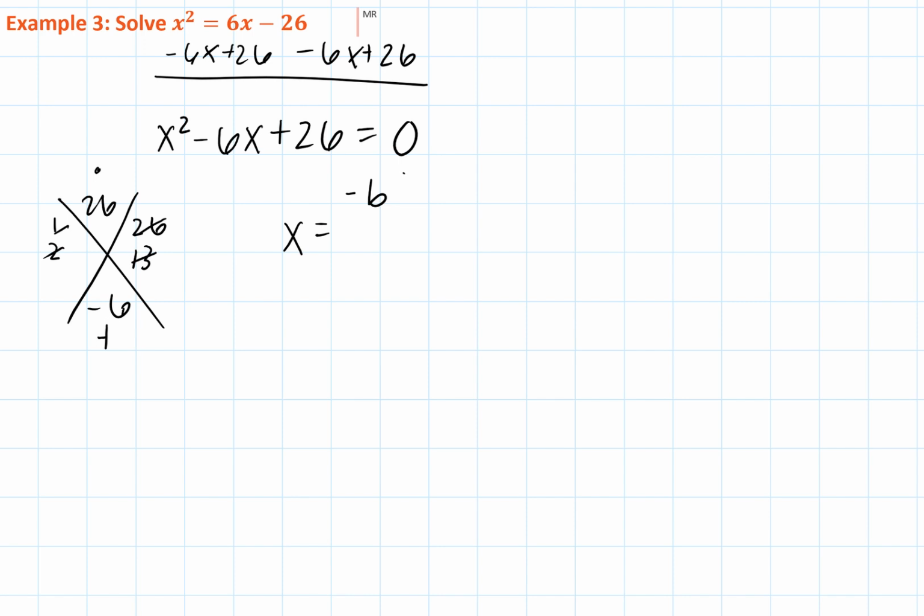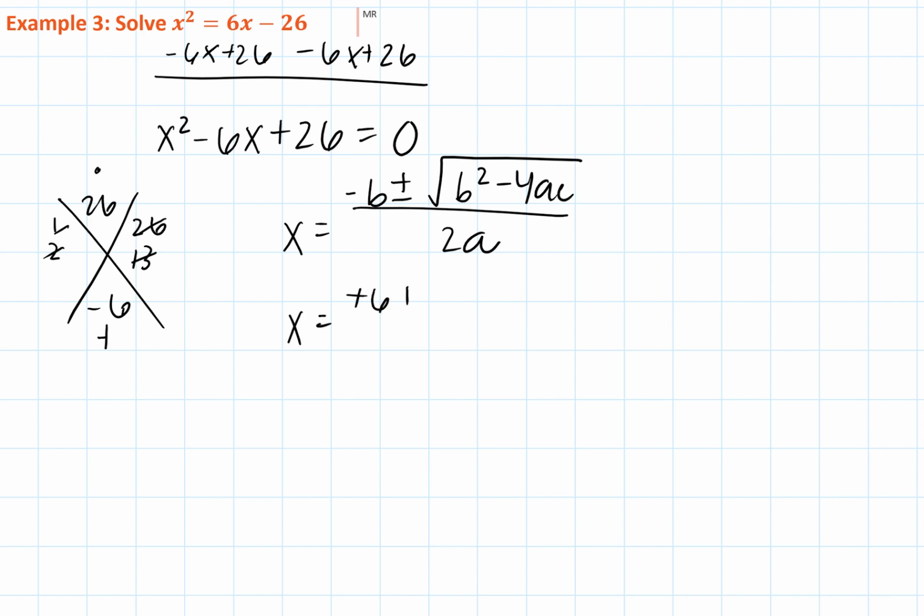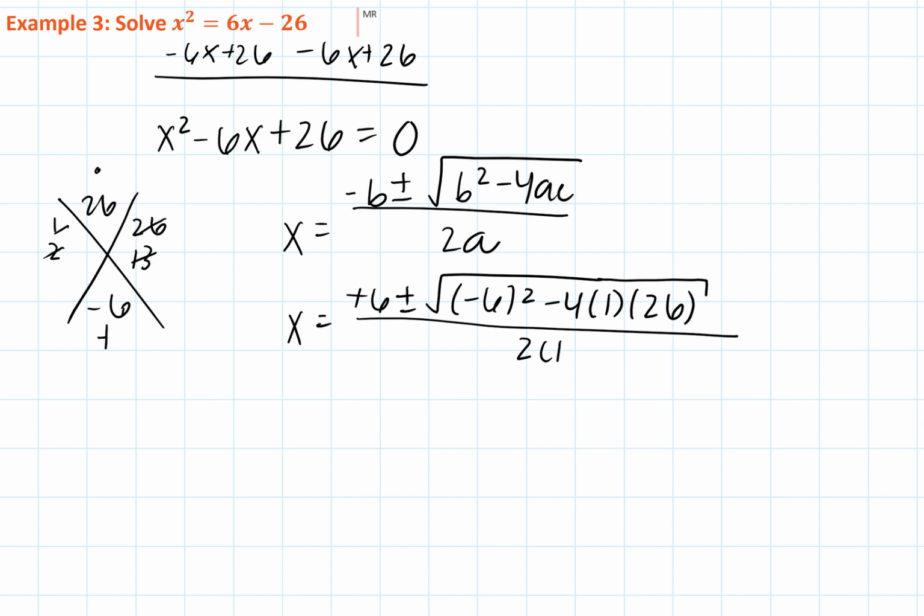x equals negative b plus or minus the square root of b squared minus 4ac all over 2a. Substitute. Make sure this square root goes all the way to the end of that product. Do what's inside the square root.